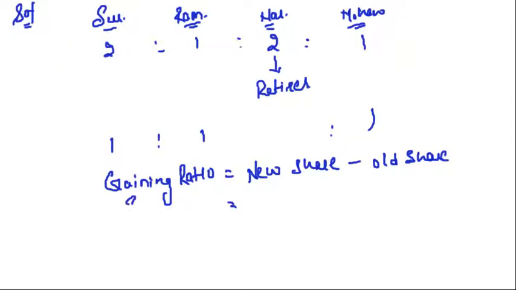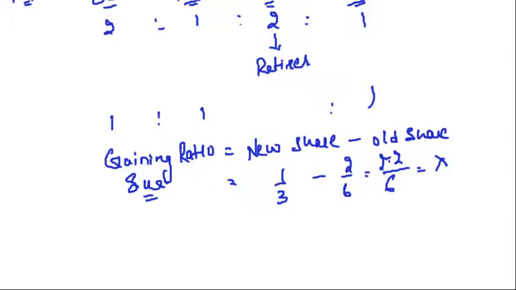So, for Surinder, what is the new share? 1/3. What is the old share? 2/6. So, is he gaining anything? 2 minus 2, nothing. So this is a case that one of the partners is not gaining anything. His share remains as such.